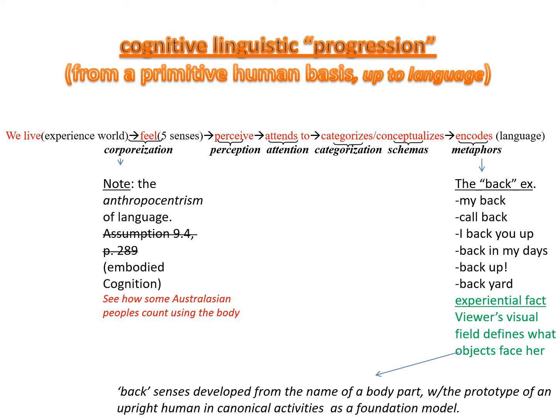Then we categorize. We form those concepts we have already seen, we have lived, we have paid attention to some sounds, not others, some images, not others. Once we have attended to those, we use them to form ideas in our minds.